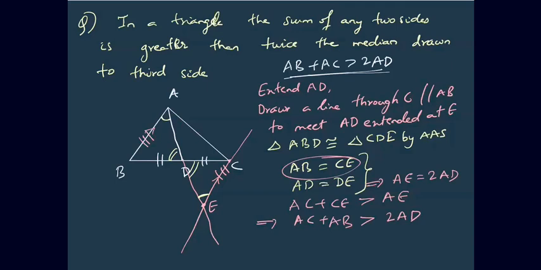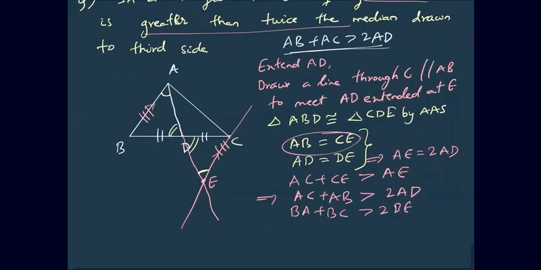I hope this is clear. What we have proved is the sum of any two sides is greater than twice the median drawn to the third side. Similarly, BA plus BC is greater than 2 times BE if BE is the median, and CA plus CB is greater than 2 times CF if CF is the median.